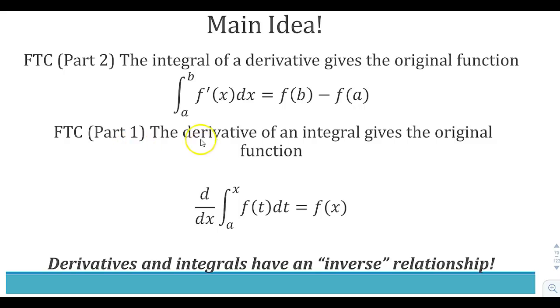FTC Part 1 said the derivative of an integral gives the original function. So if I take the derivative with respect to x of an integral where x, or a function of x, is in the upper limit of integration, I end up with just the original function, the integrand, f of x. So derivatives and integrals have this inverse relationship.